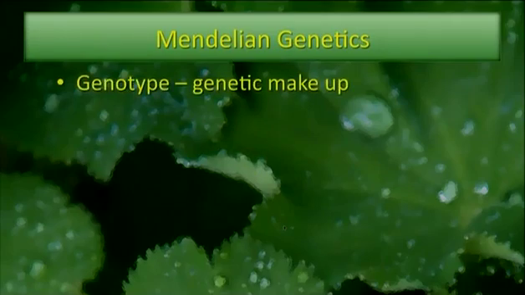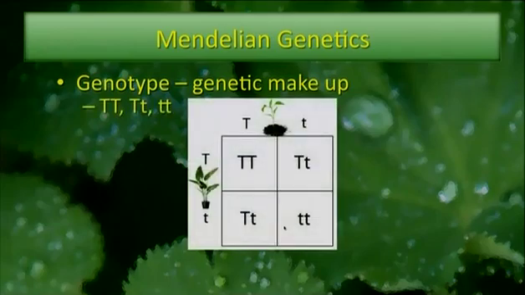Now, the genotype is the genetic makeup of an organism, usually symbolized by letters. In the case of tall and dwarf, because tall was dominant, you name the genotype after the dominant trait, tall. So TT, capital T, was one parental type, the purebred for tall.